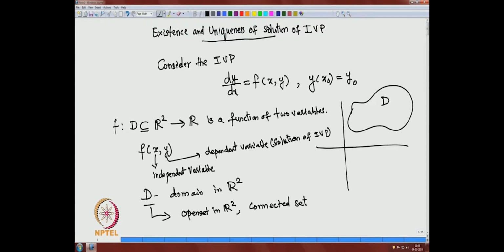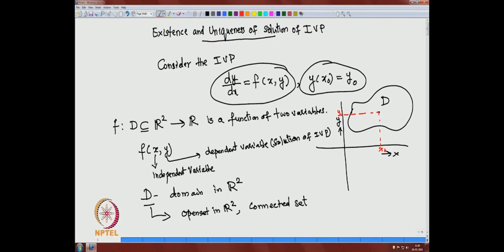So, our initial value problem is given by dy/dx = f(x, y) and y(x0) = y0. You have this as your x axis and this as your y axis, and a point. So, this point is x0, this point is y0. So, the initial point is (x0, y0).